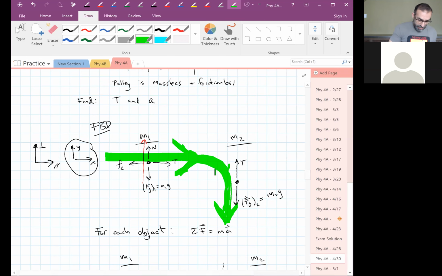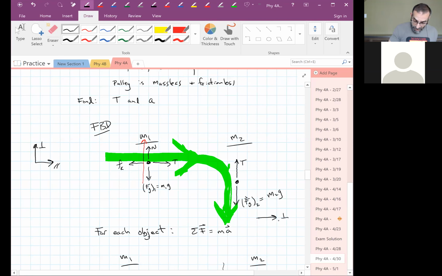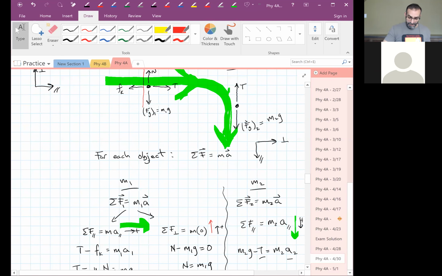And the way I would draw it is like this. This would be perpendicular. This would be parallel, right? My coordinate system would just follow the rope. And so that's why I called this parallel to the direction of motion. You see that?